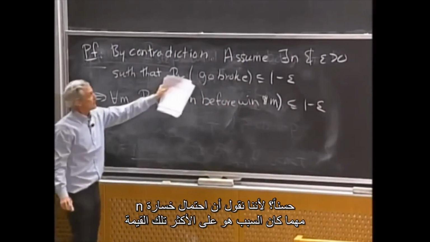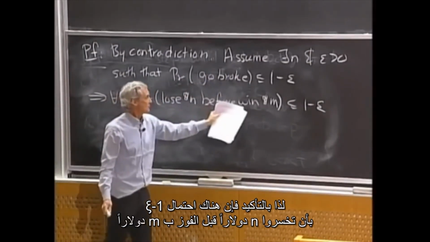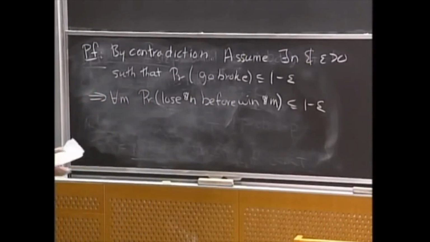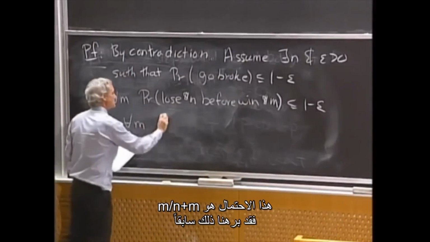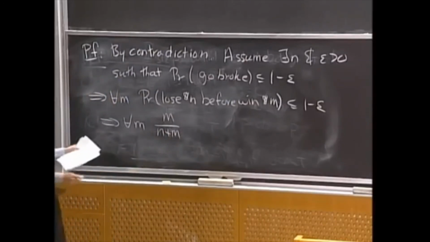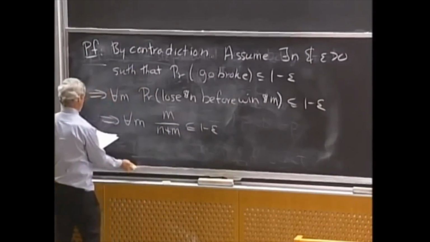Because we're saying the probability you lose n no matter what is at most that, so it's certainly less than 1 minus epsilon that you lose n before you win m dollars. And we know what that probability is. This probability is just m over n plus m. We proved that earlier. So that has to be less than 1 minus epsilon for all m.